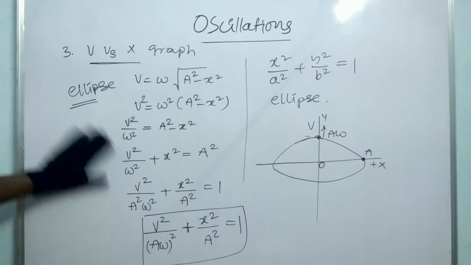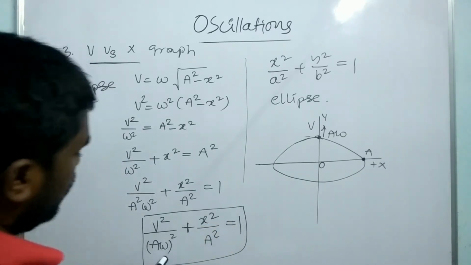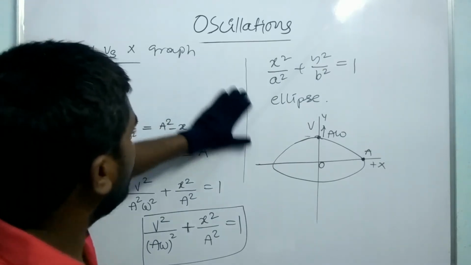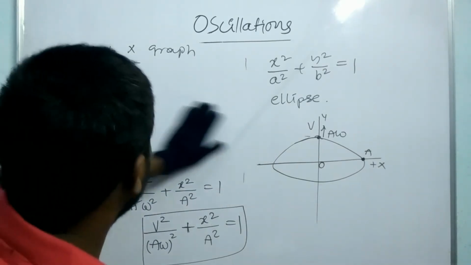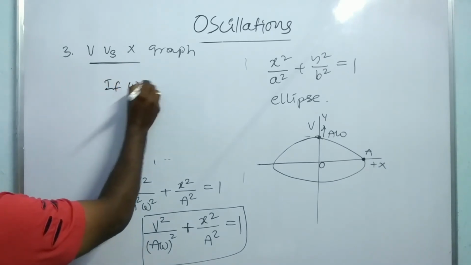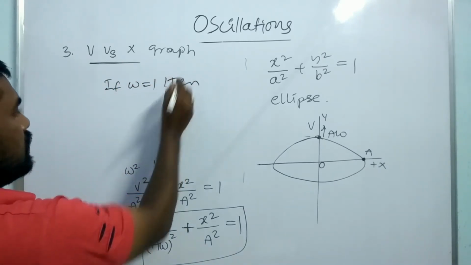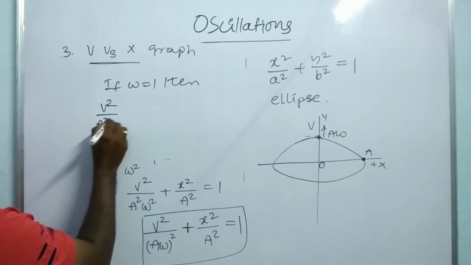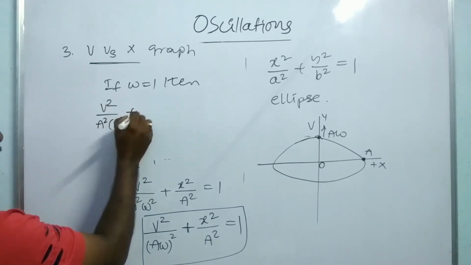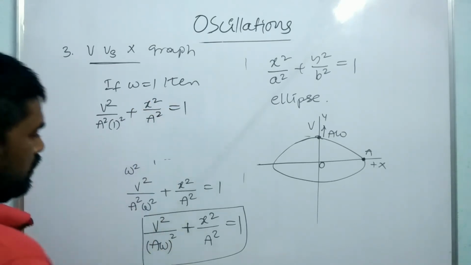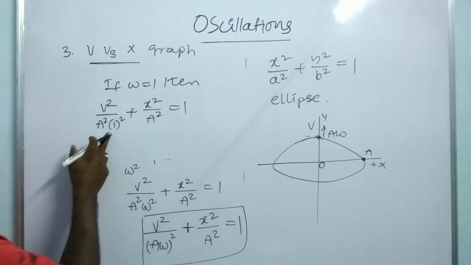If in this equation omega is equal to 1, then what will happen? We can write v square by a square omega square plus x square by a square equals 1, with omega square as 1 square.